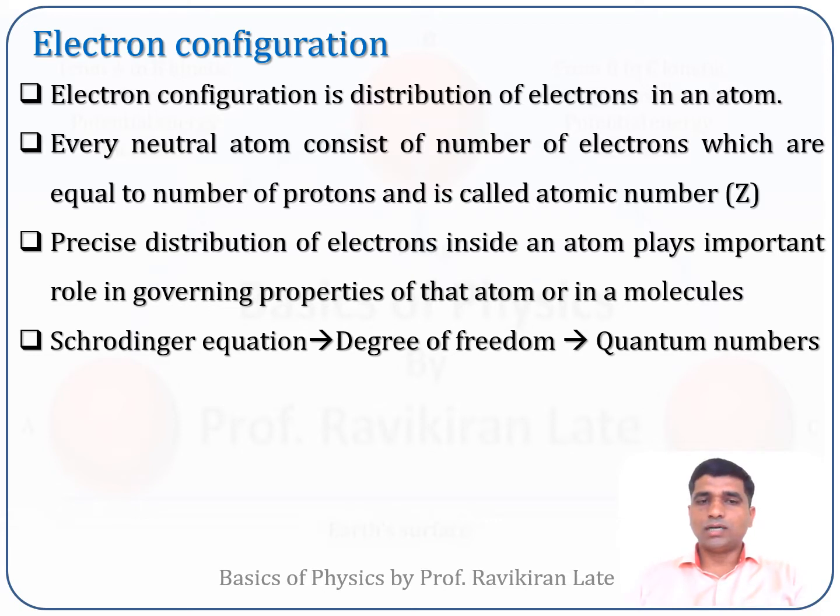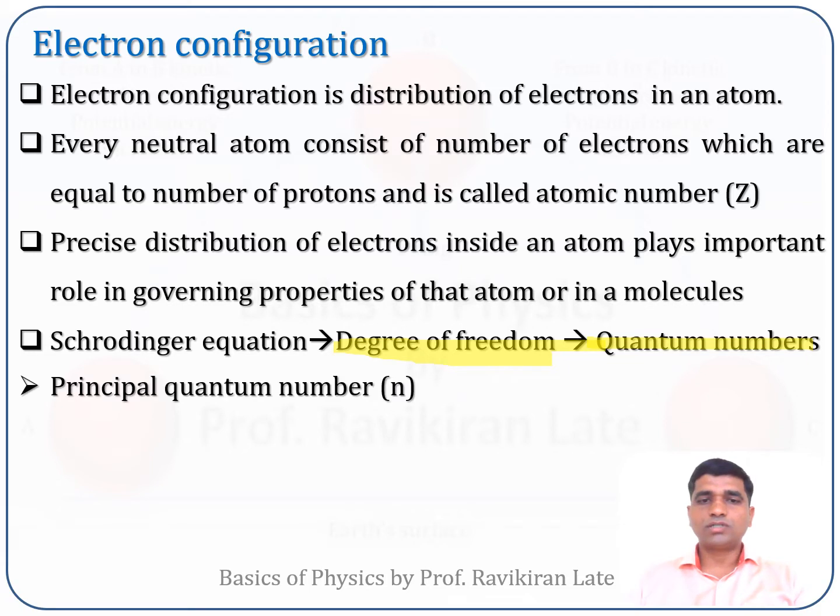Now we know that we derived certain restrictions with the help of the Schrodinger equation when it is solved for a hydrogen atom. For the hydrogen atom we had 3 degrees of freedom, and depending upon those 3 degrees of freedom we got 3 restrictions in terms of quantum numbers. So these quantum numbers are important while describing the electronic configuration of an element.